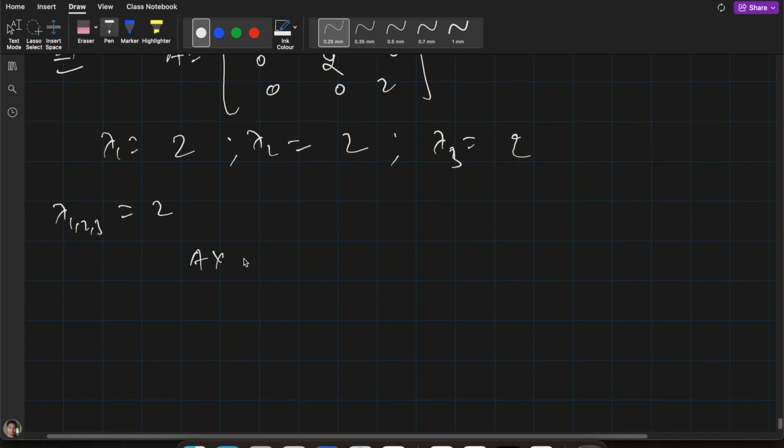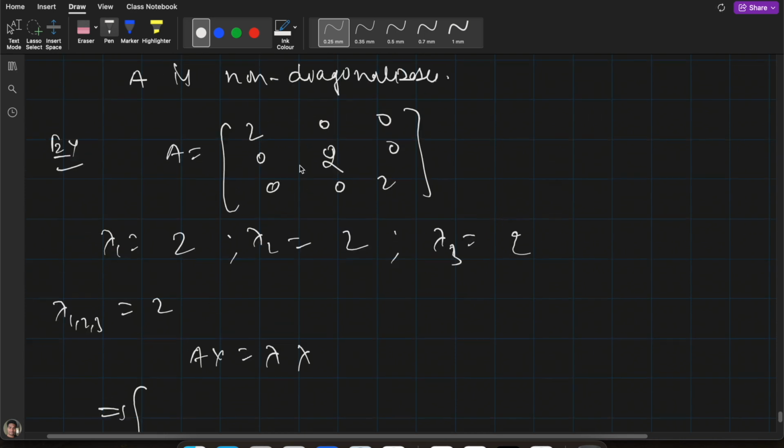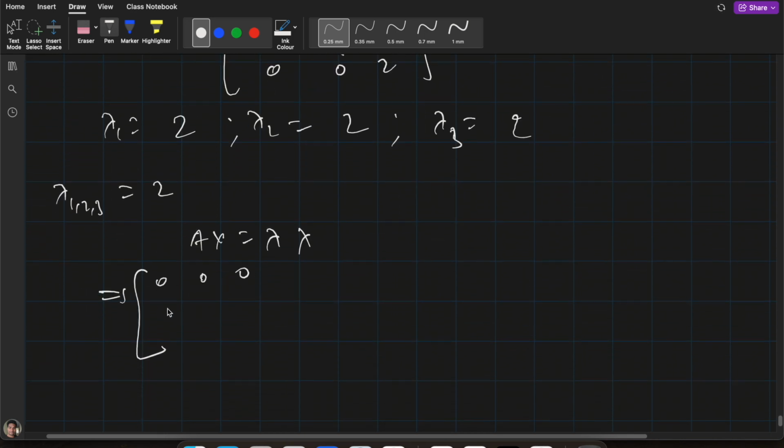Now find Ax equal to lambda x. You can see that 0 0 0, 0 0 0, 0 0 0 times x1 x2 x3 equal to what? 0.